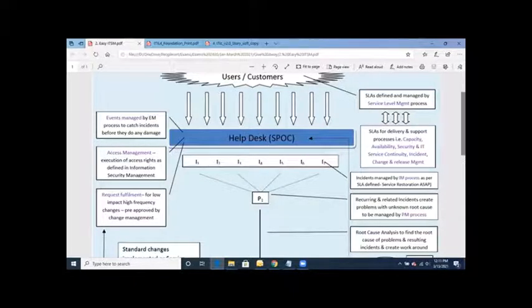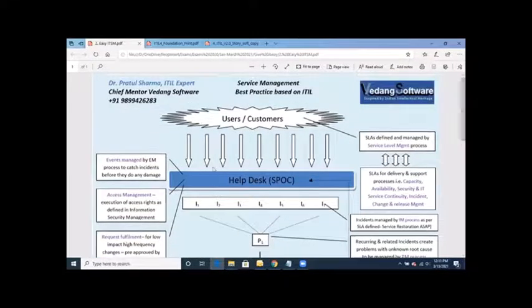On the user side, the only function of the organization interacting with the users is the single point of contact, which is the help desk. So there are the users who are interacting with the help desk. You are now in a running organization where the services do exist, and there are registered users of the services.